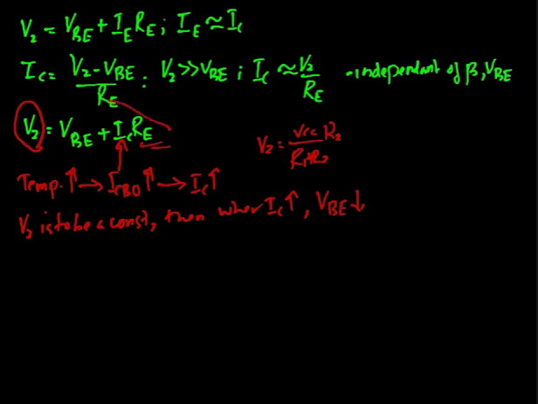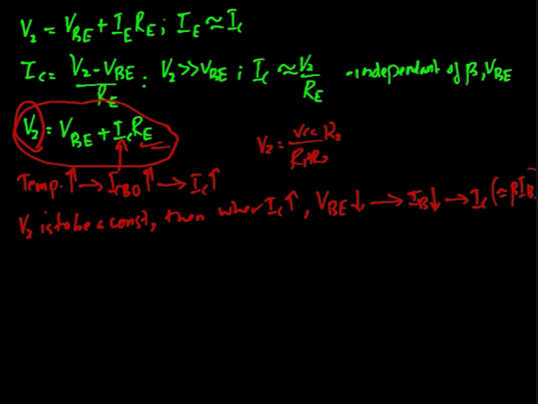So according to this equation, when there is an increase in collector current due to temperature increase, the base emitter voltage has to decrease. This decrease in base emitter voltage will decrease the base current, and we know that this decrease in base current will decrease the collector current, since IC is equal to beta IB.